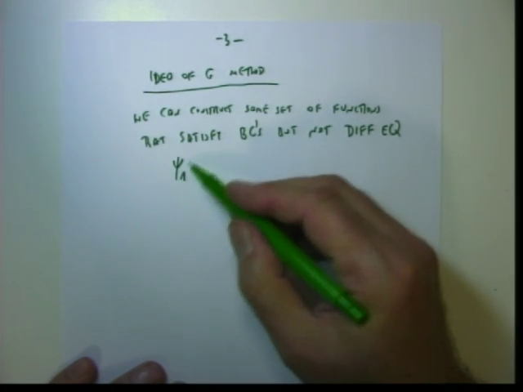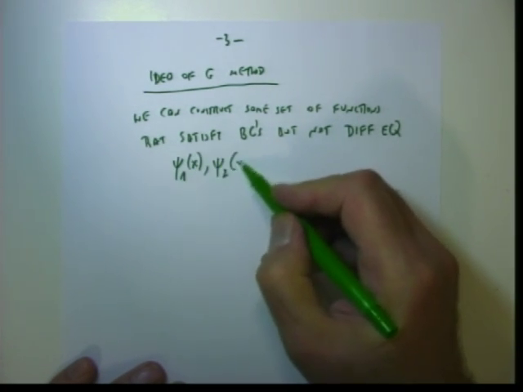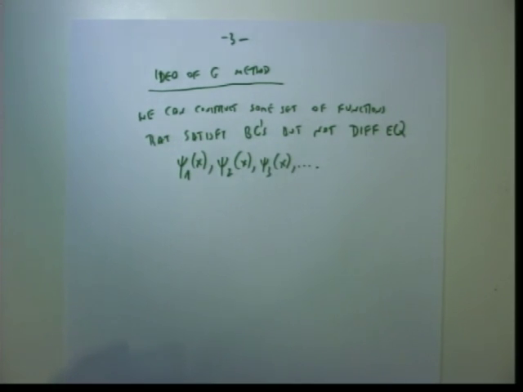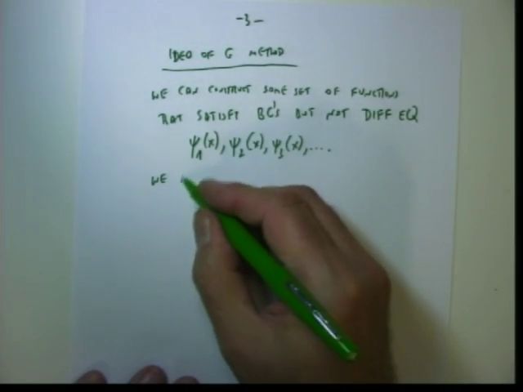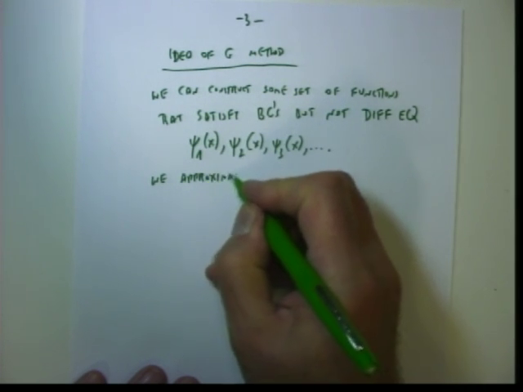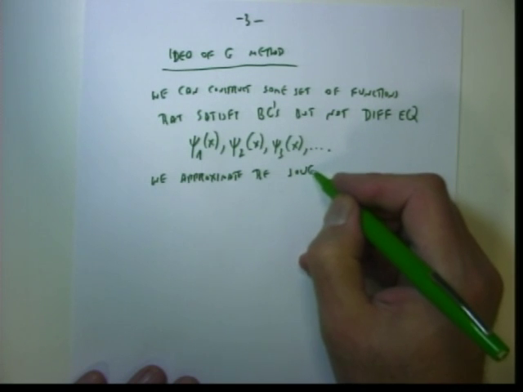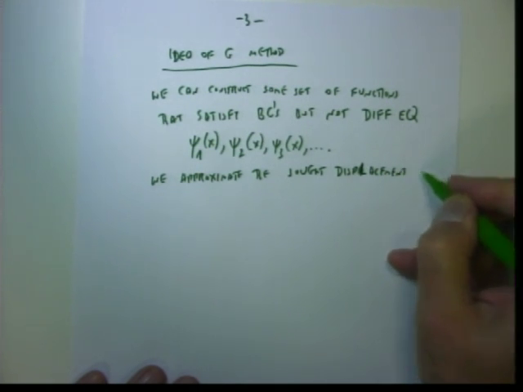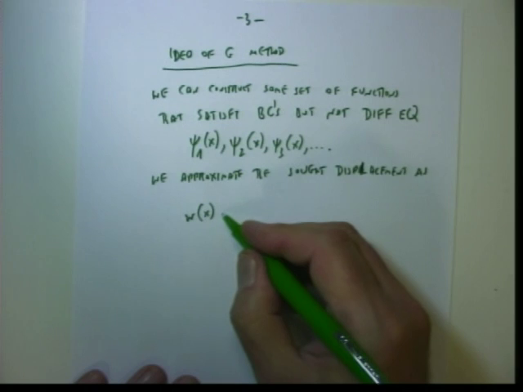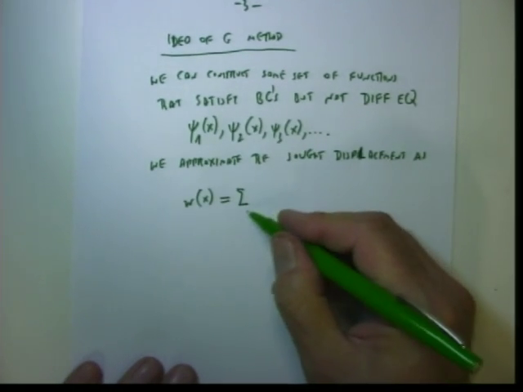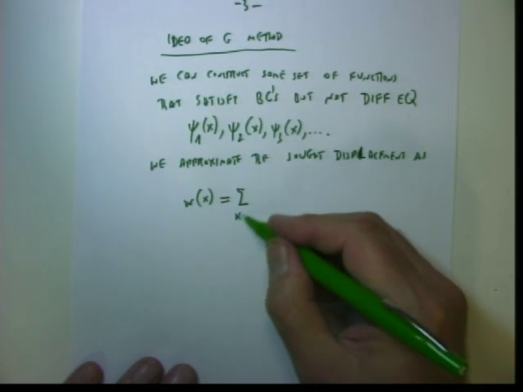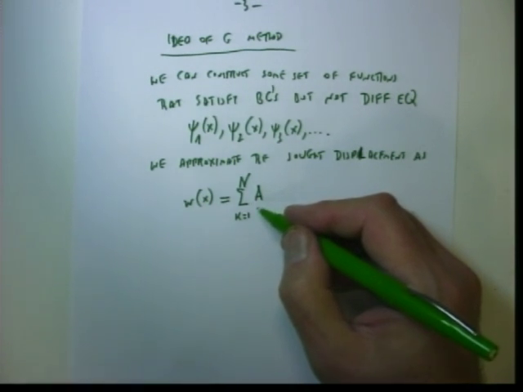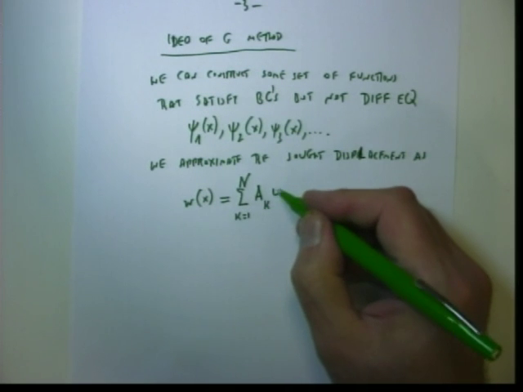So these are functions, say psi1 of x, psi2 of x, psi3 of x, etc. Then we approximate the sought displacement, so W of x is approximated as the sum for k from 1 to n of a_k times psi_k of x.